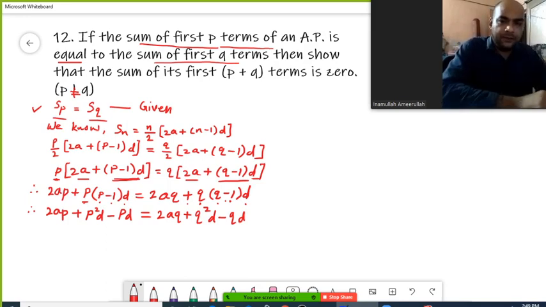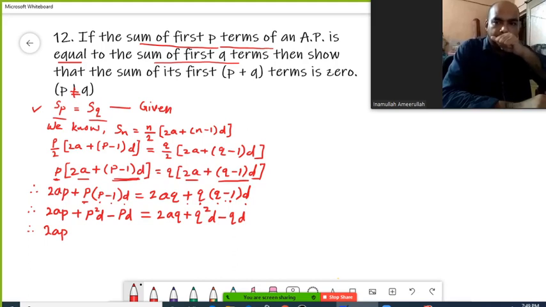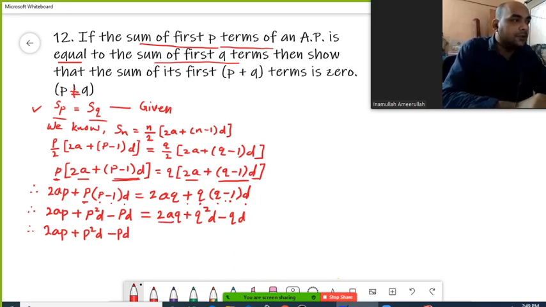So here we have 2ap plus p square d, then minus pd, and then 2aq will become minus 2aq.